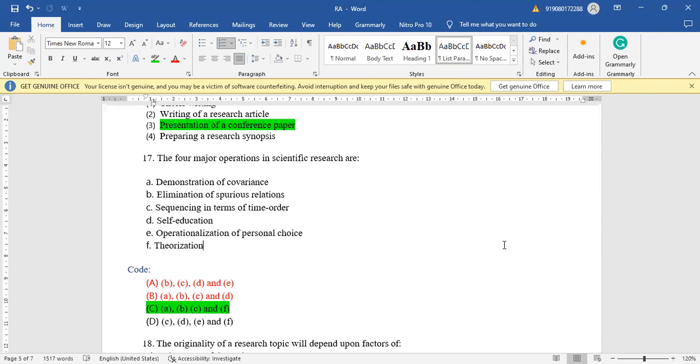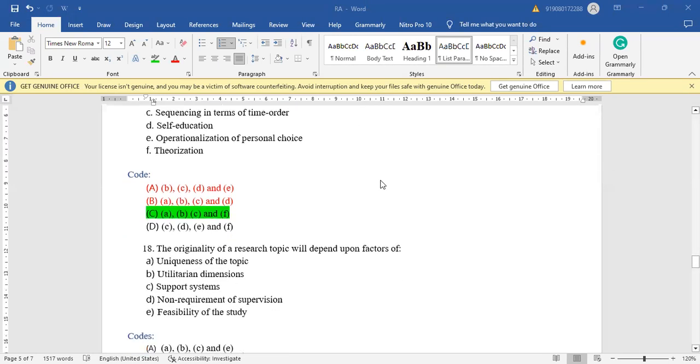Then finally, theorization. Everybody understood the logic? Though we haven't studied it in the classroom, it is an indirect question. So whenever a sequence model question comes, either you should start from the first point and move forward, or start from the last point and move backward, correct? Understood, everybody? Yes, sir.